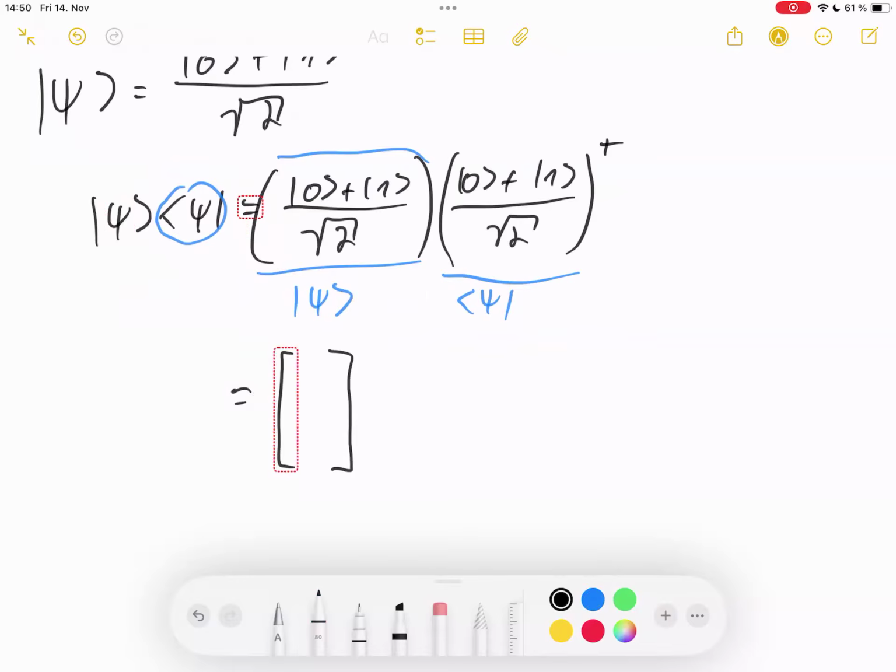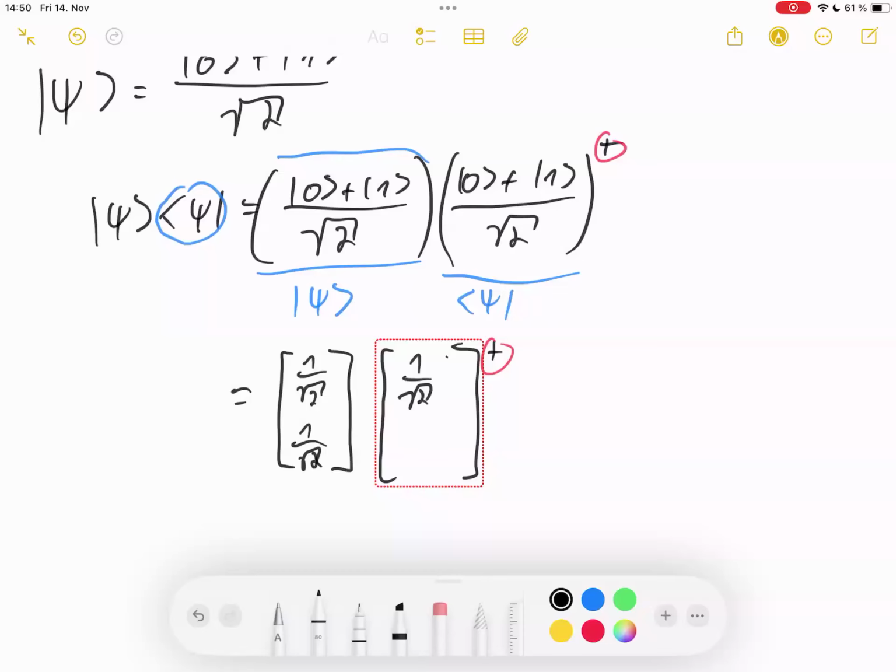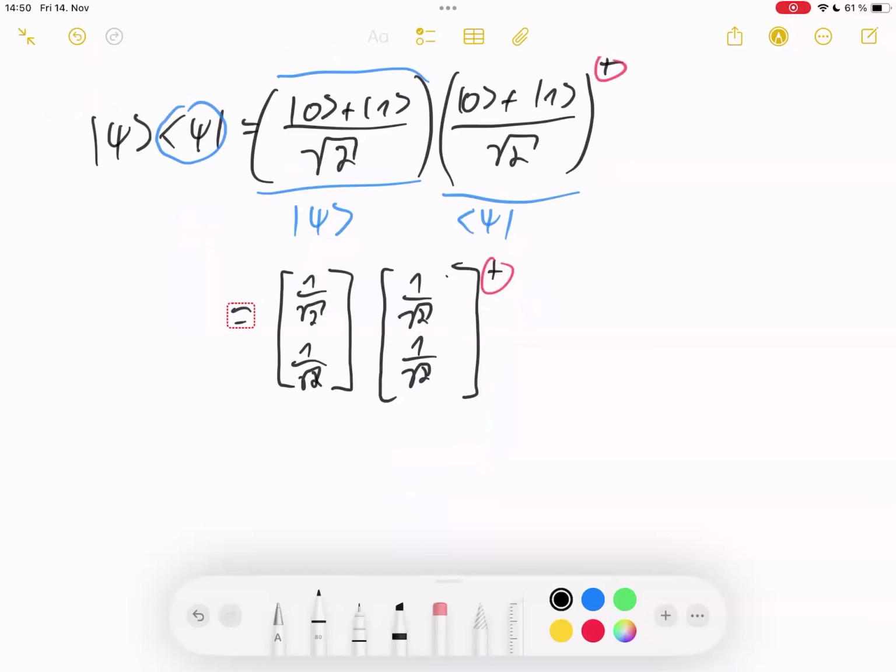And we can just turn this now into vectors, and we move the constant factors inside. So 1 divided by the square root of 2 and 1 divided by the square root of 2. And don't forget, obviously, this adjoint. So we put the adjoint here, just highlight it. And then this is 1 divided by square root of 2, 1 divided by square root of 2. And remember the adjoint.